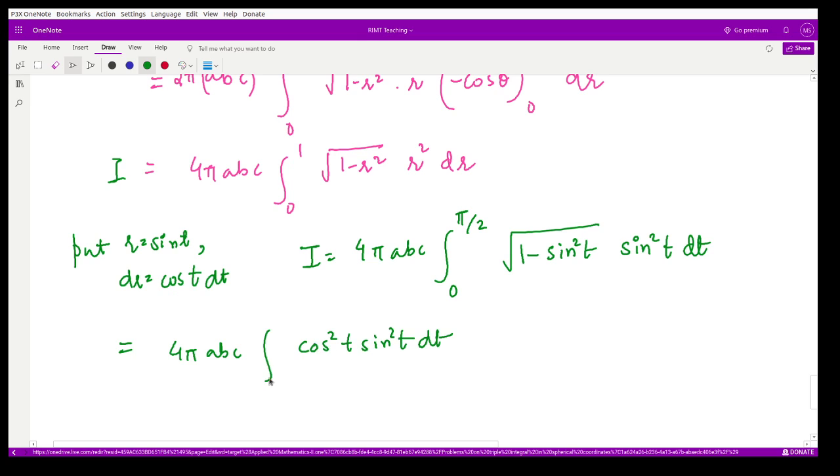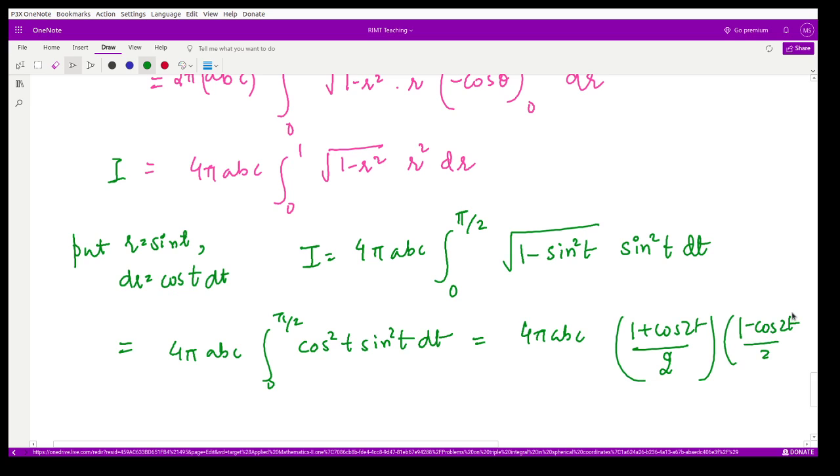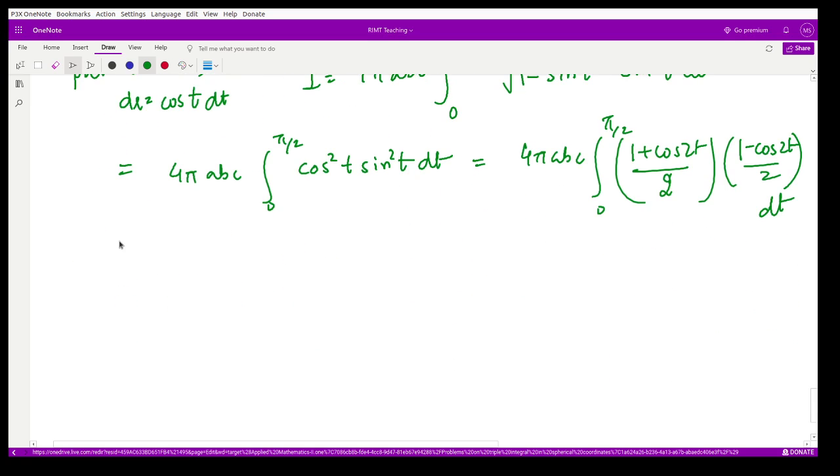Now we have to use the double angle concept in order to solve this integration. So it would be 1 plus cos 2t by 2, and then you have 1 minus cos 2t divided by 2 dt, right? Integration from 0 to pi by 2. So this is equal to 4 pi ABC as such, and this 4 is taken outside.